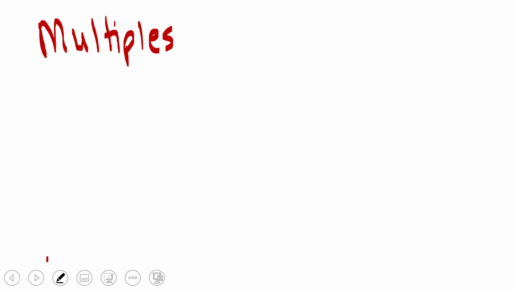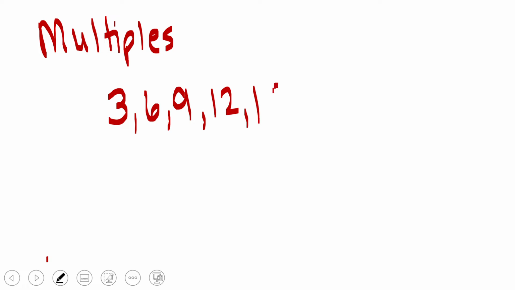If we think about multiples first, remember that it is a number such as multiples of 3: 3 times 1, 3 times 2, 3 times 3, 3 times 4, 3 times 5, and so on.